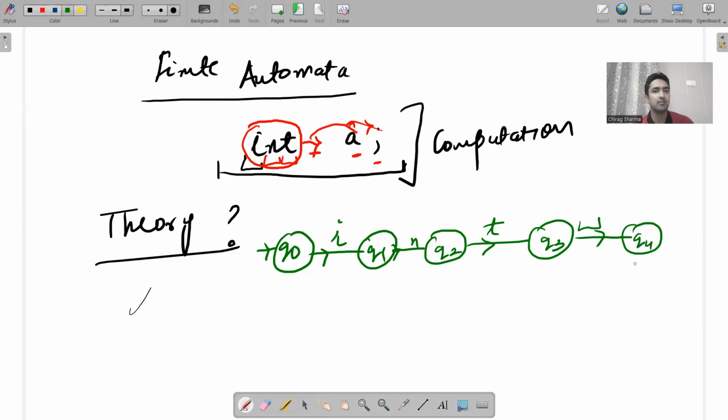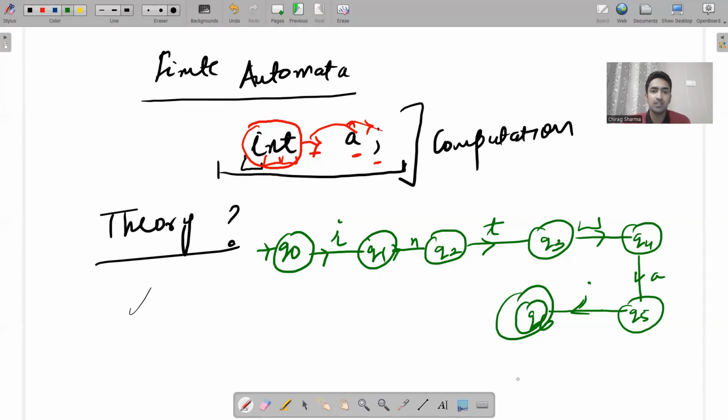Then the compiler recognizes this particular A, and then the compiler recognizes this semicolon, and after everything is done, I'm returning to the final state. So over here, this is the whole compilation process.